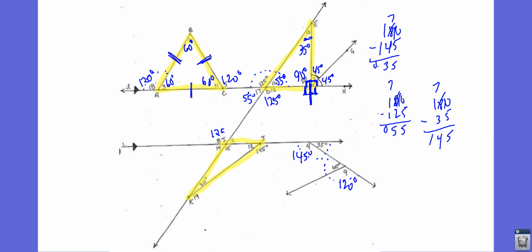We can go from 17 to 2 is 55. And now we know that angle 2 and angle 15, supplementary angles. So whenever we take away the 55, we're going to get 125, which is a vertical angle from right here anyway. And then there, vertical angle from 2.